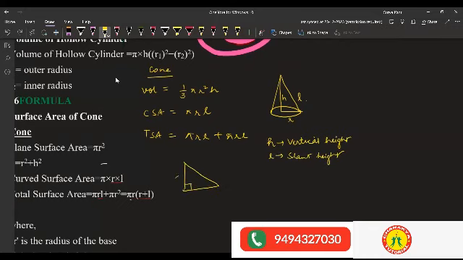This is 90 degrees. This is the vertical height, this is slant height, and this is your radius. Out of these 3 things, if you know any two, you can find the third one by Pythagoras theorem. All right.